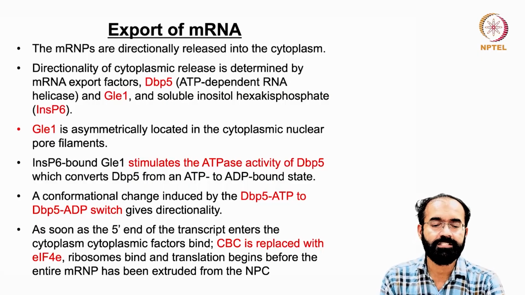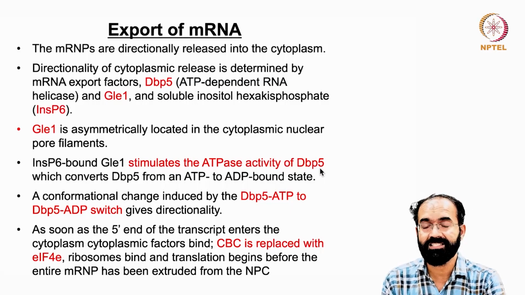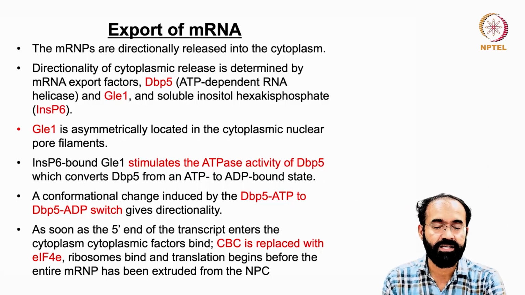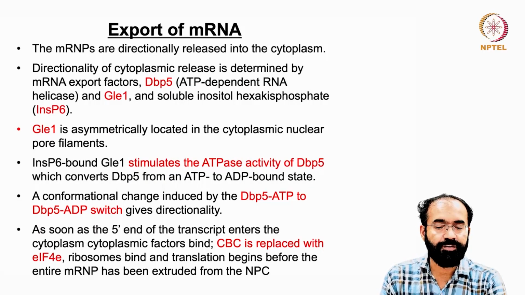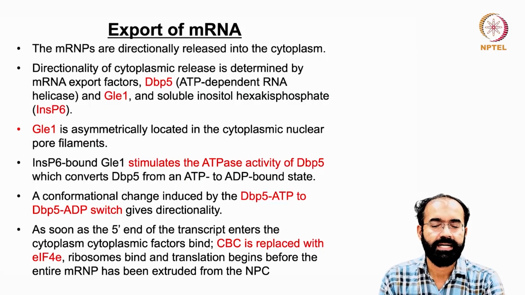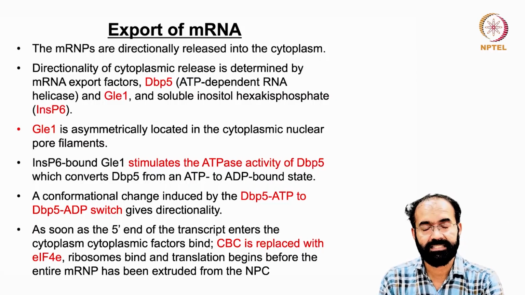Same way, the IP6-bound GLE1, acting like a GAP protein, stimulates the ATPase activity of DBP5. So DBP5 is not using GTP, but it is using ATP for the energy purpose, which converts DBP5 from an ATP to ADP bound state. So the energy can be utilized for the transport purpose. A conformational change induced by the DBP5-ATP to DBP5-ADP switch gives directionality.